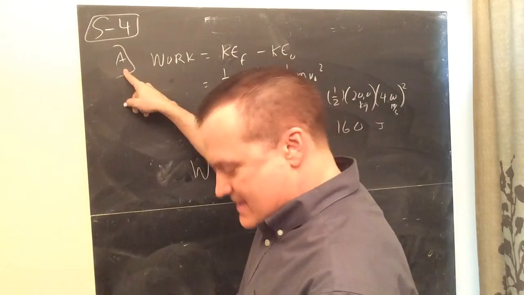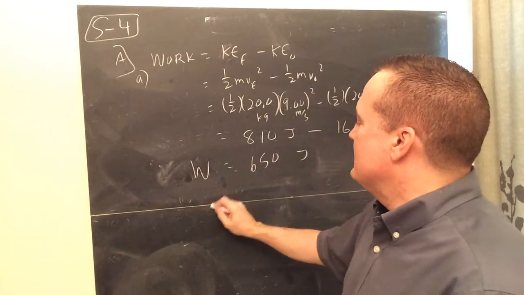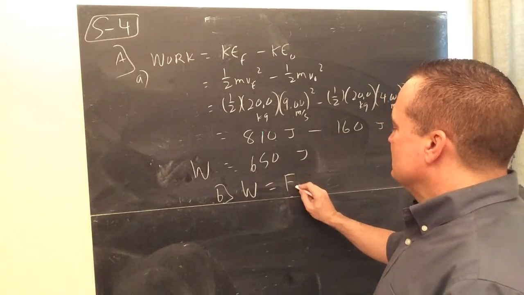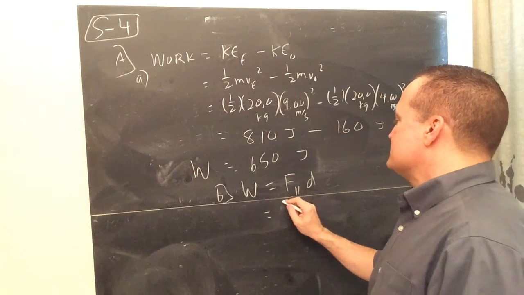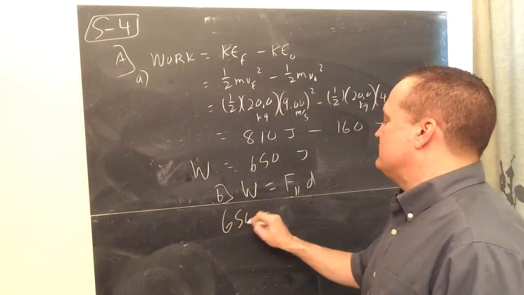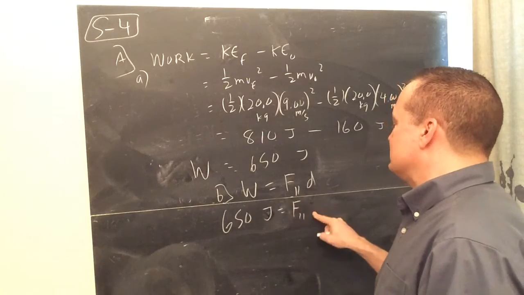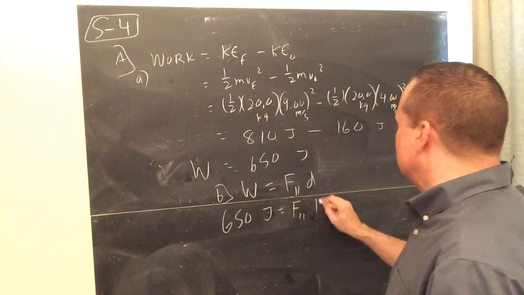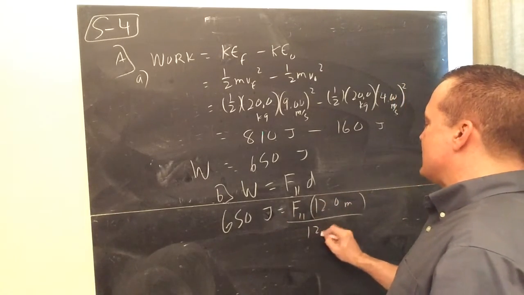Well, if work equals force times distance, you assume she just pushed it straight ahead. So 650 joules equals the force that was applied times how far did it go? It went 12 meters. So you just divide both sides by 12.